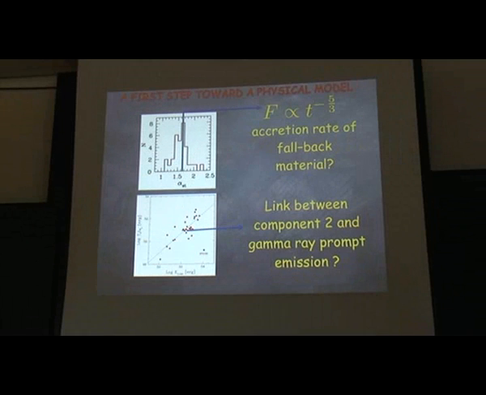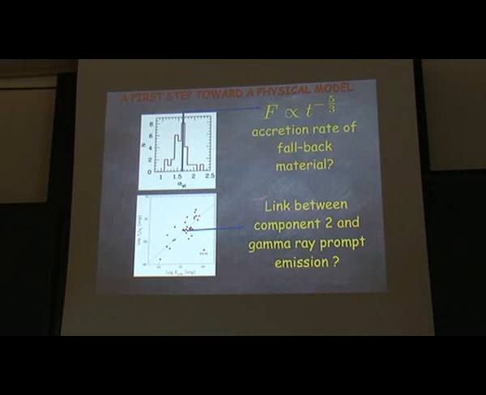Now that we modeled the rest frame light curves, we can try to go into the details of the component 2 parameters distribution in order to make a first step toward a more physical model that is able to describe this second component.